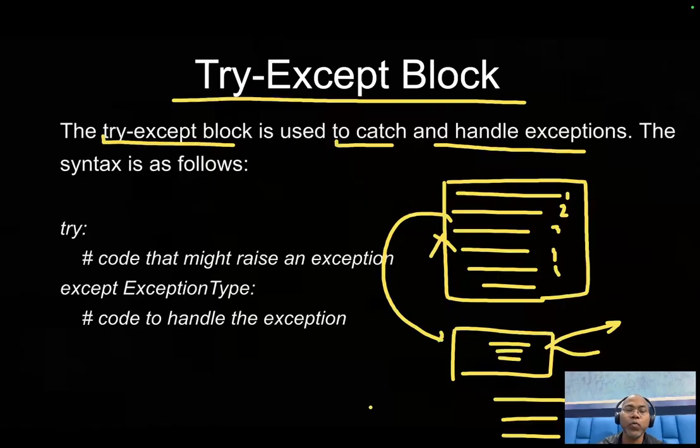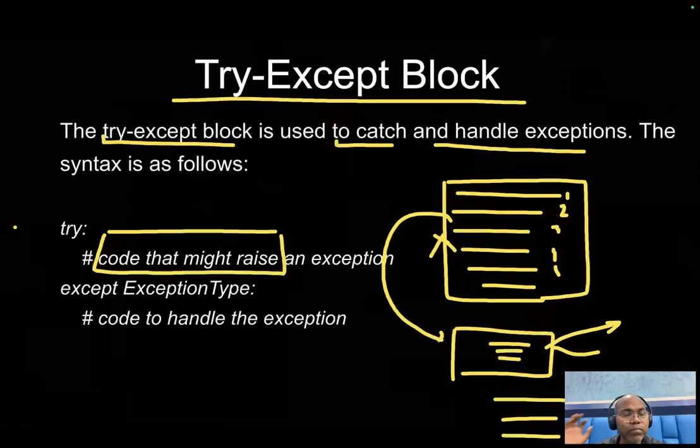That means the code or function which you expect can raise an exception, you write under this block. How to write the block in Python? Just tell the Python runtime environment, this is the code that can generate an exception. So this is a try block.